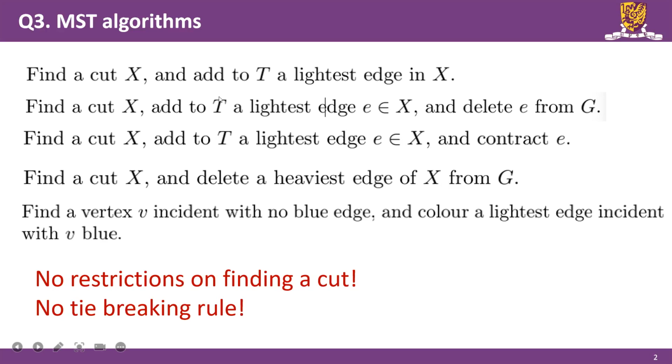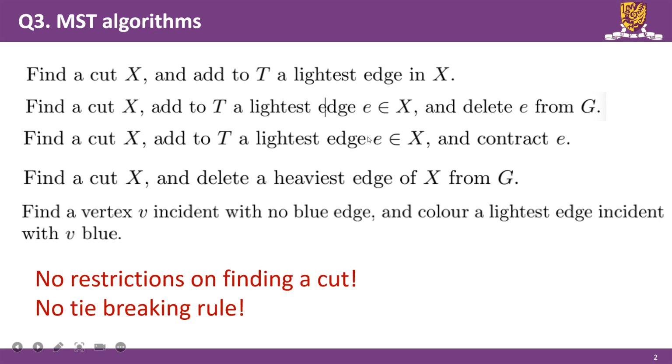And also let's review the 5 problems. The first problem is that it will find the lightest edge from a cut and add it to the minimal spanning tree. The second problem adds a rule that after finding a minimal weight edge, it will delete that edge from the original graph.